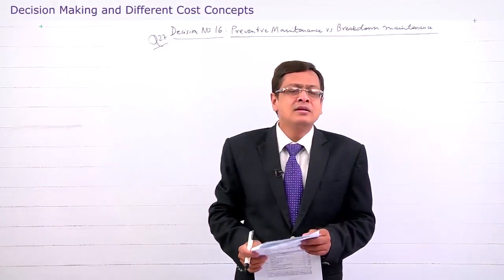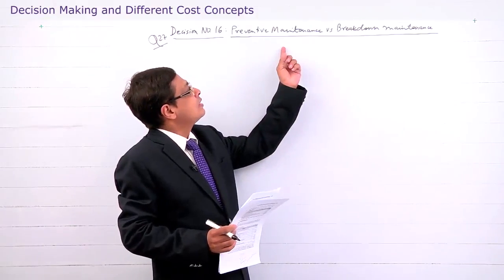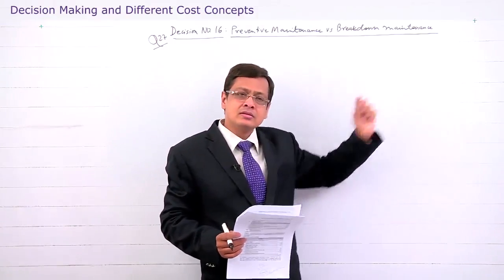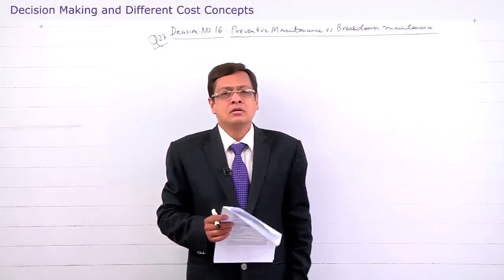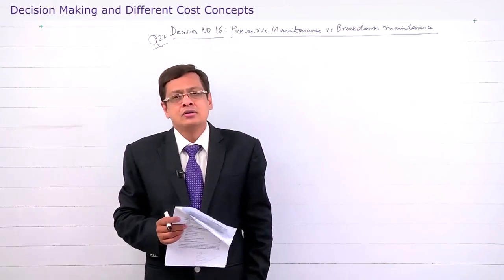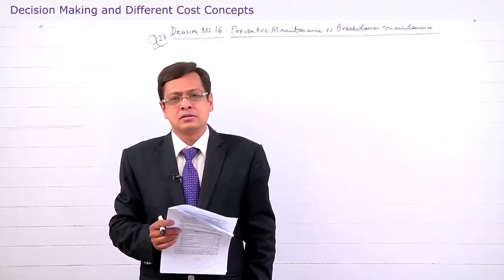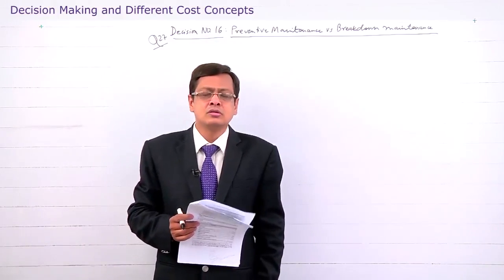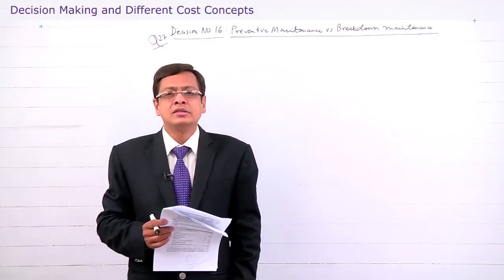So, we must understand the meaning of the words preventive maintenance and breakdown maintenance. You already know each factory operation involves lakhs of hours of machine hour being used for different production uses. In order to produce the goods, there are sometimes breakages of machines.